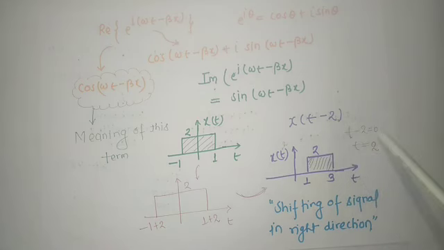Put t minus 2 equal to 0, then you get t equal to 2. You have to add 2 at every time point. So -1 plus 2 becomes 1 and 1 plus 2 becomes 3, meaning the graph should be plotted from 1 to 3.